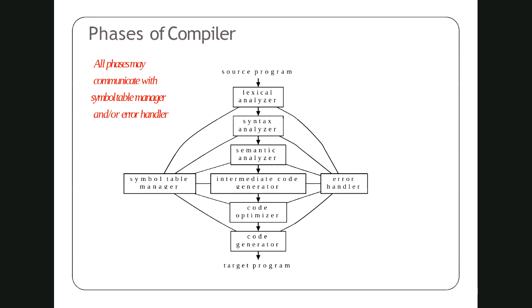Then comes semantic analysis, which I told you about in the previous class as well. There are syntactically correct sentences that may be logically wrong. In the last class, I gave you the example: the dog is eating the bread. It is a correct sentence. And the bread is eating a dog is also grammatically correct.